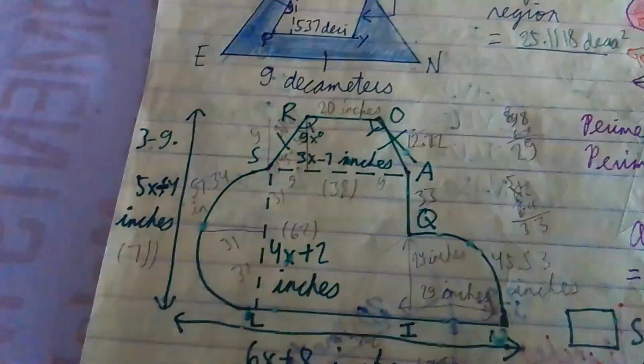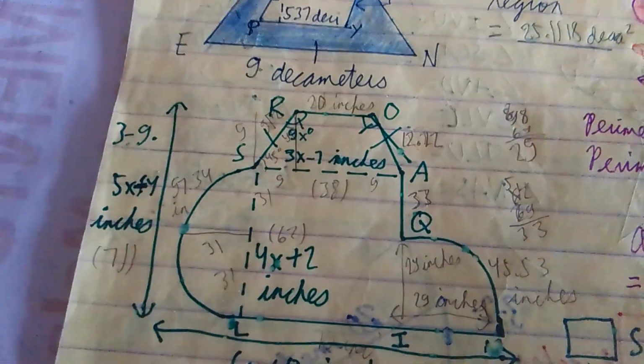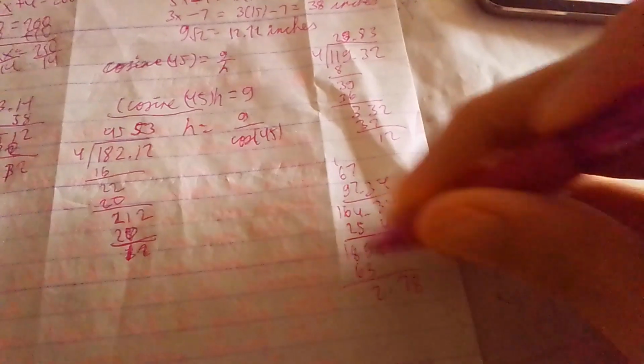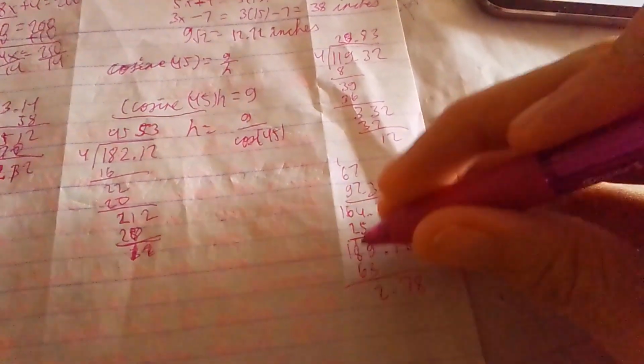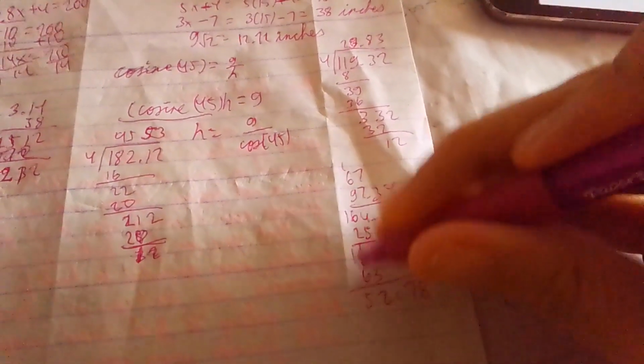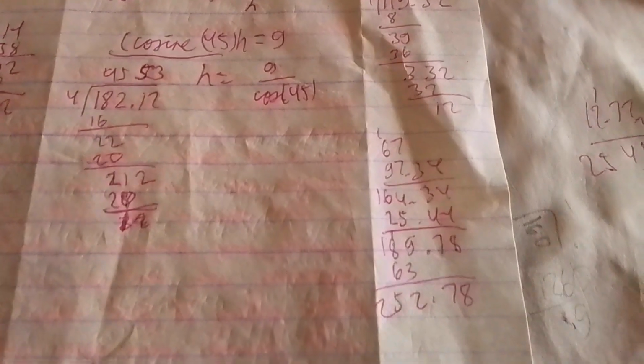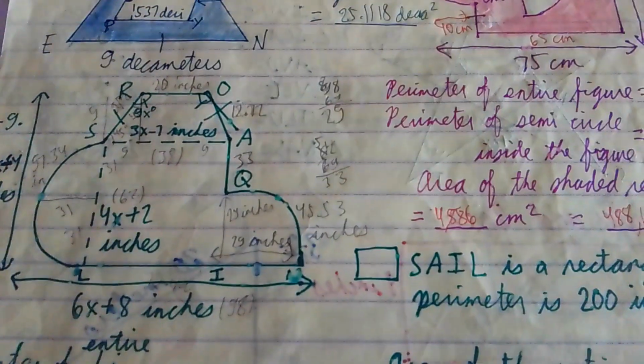This is 20. 20 and 33 make 53. So add that. And then the last one is the 1/4 of a circle. For the 1/4 of a circle, remember that's 45.53.